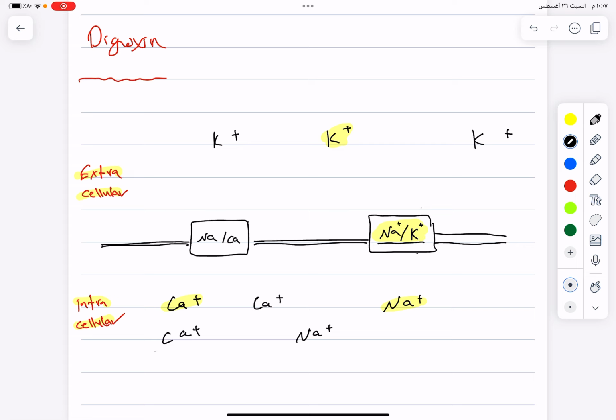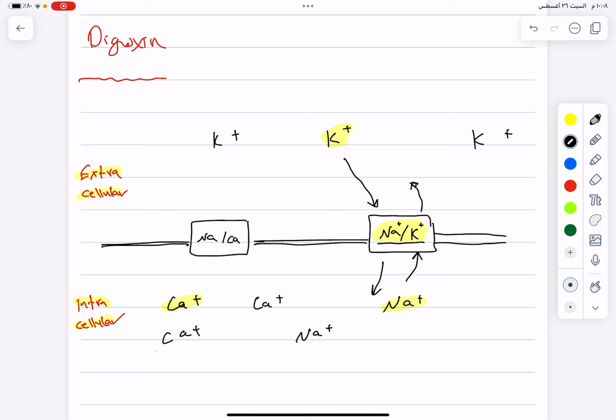When the sodium-potassium ATPase pump is activated, sodium exits the cell to the extracellular space, and potassium will enter the cell to the intracellular space.